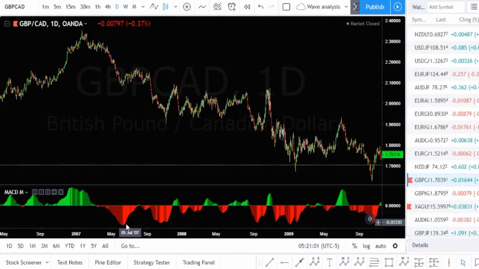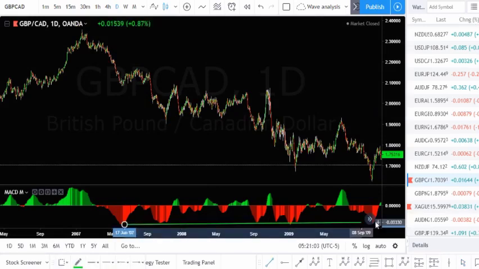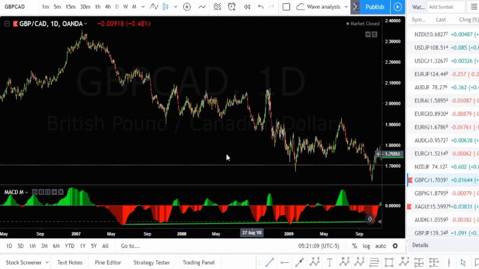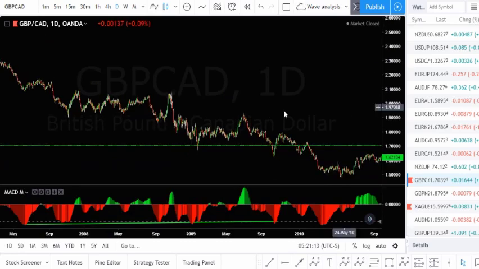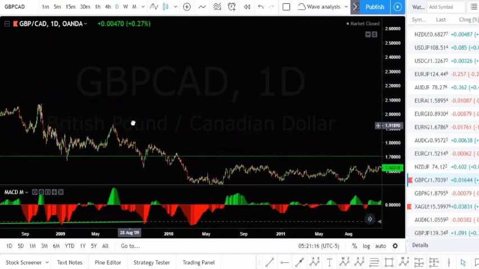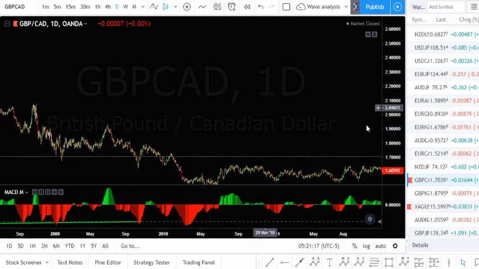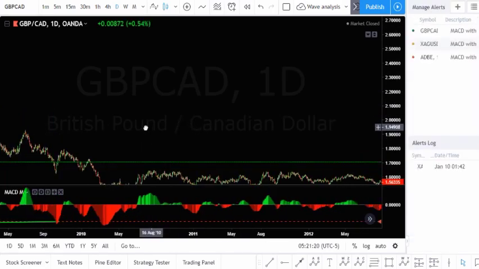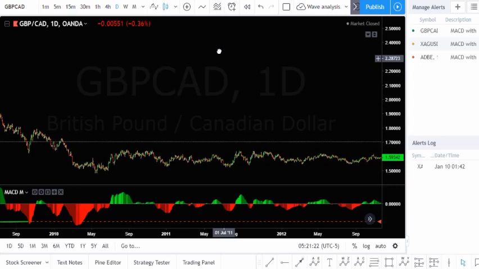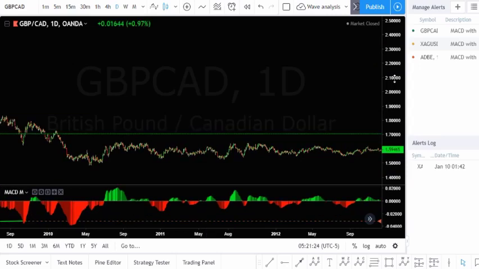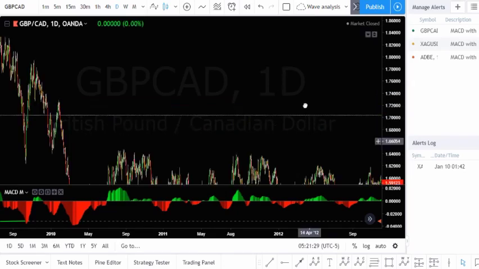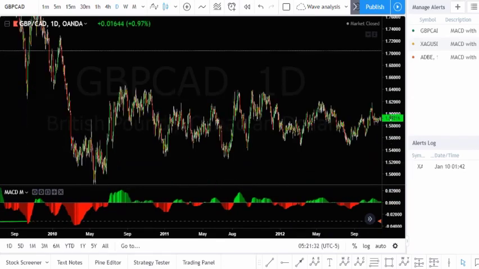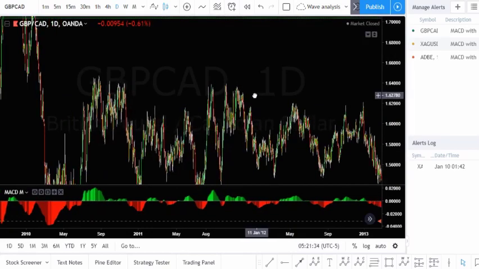See here, it was clear to us that we were getting continuous divergence, that we formed the ABC, and if we go back, we'll probably find that eventually this market reversed to the upside. Its chart is very compressed, so let's just decompress it a bit and see what happens.